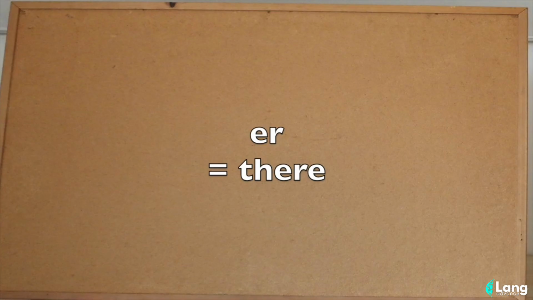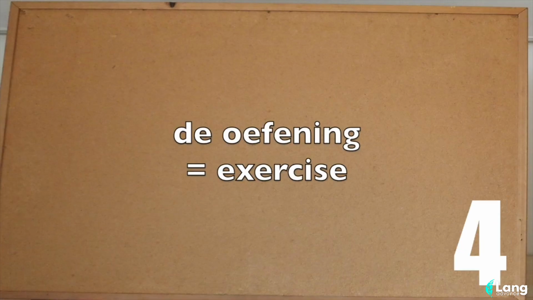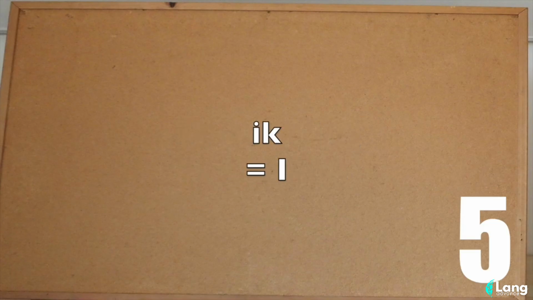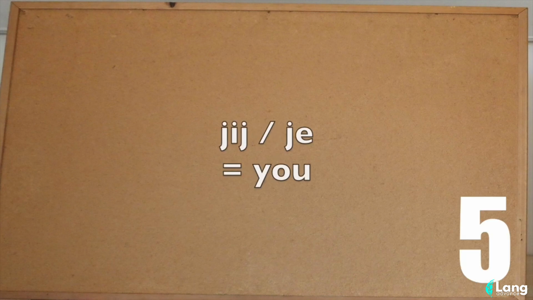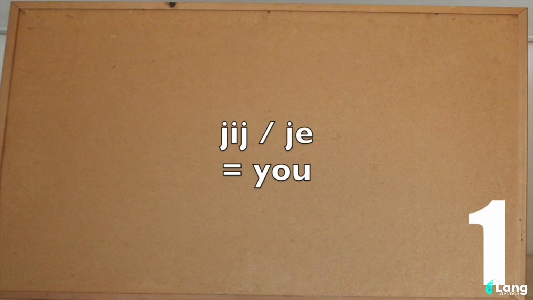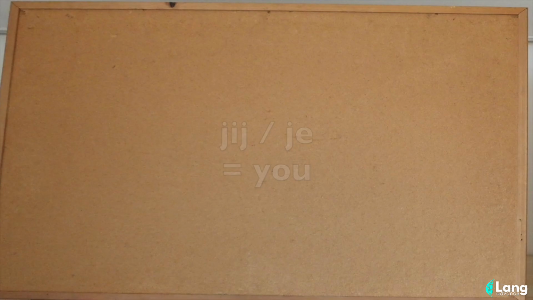Means there, as in the sense of there is or there are. De oefening means exercise. Ik means I. Jij or je means you in a formal way.